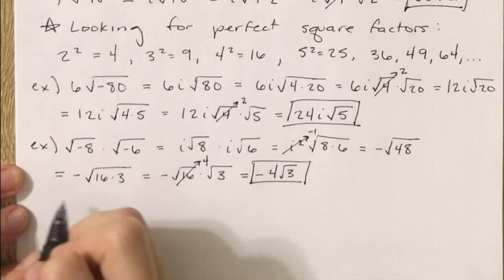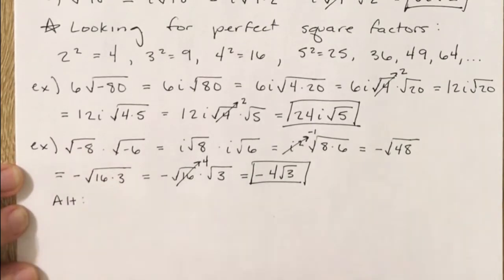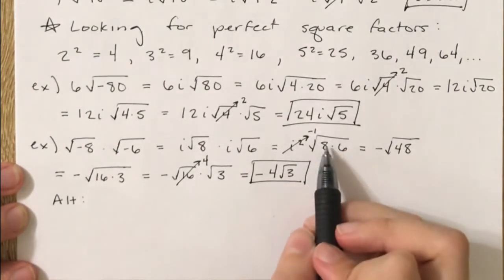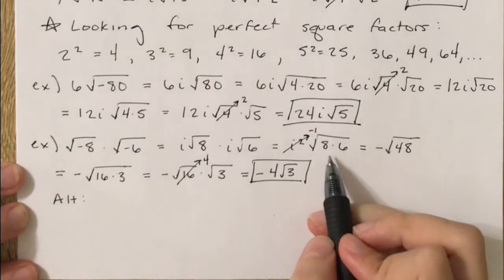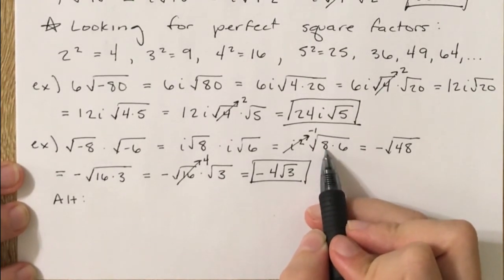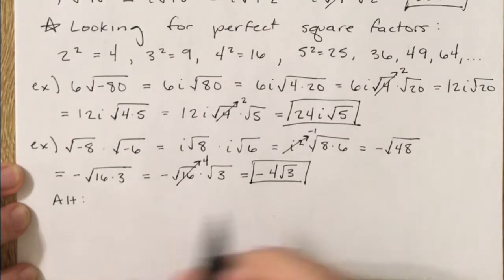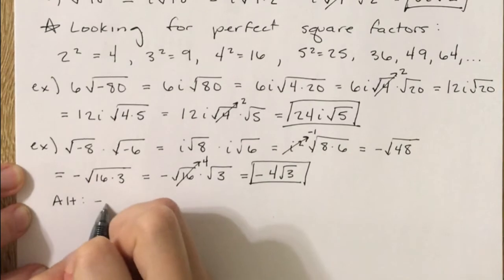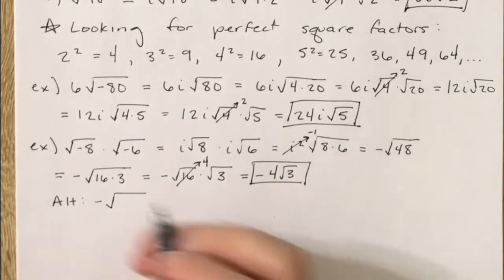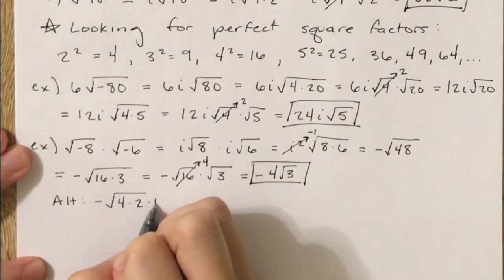There's an alternative way of solving this. Once we got to this point where we had -1 times the square root of 8 times 6, we could have looked at this and said, oh, I know that 4 is a factor of 8. So I can change this to negative square root of, we could split that 8 up, so we'd have 4 times 2 times 6.